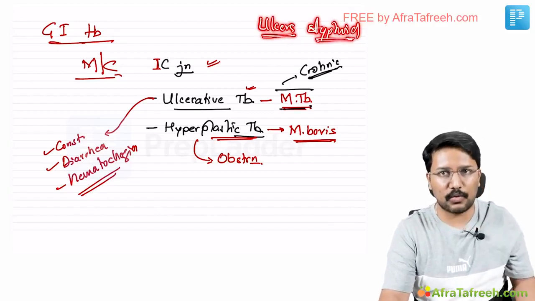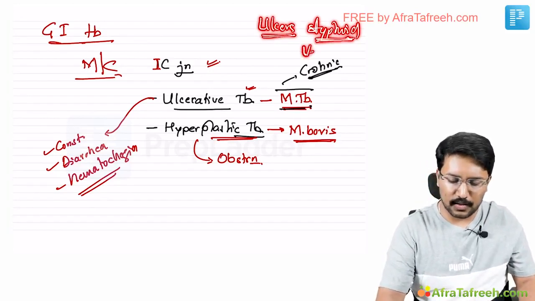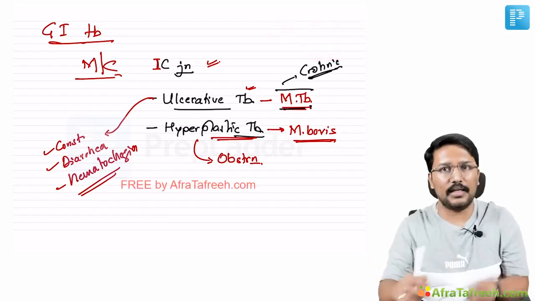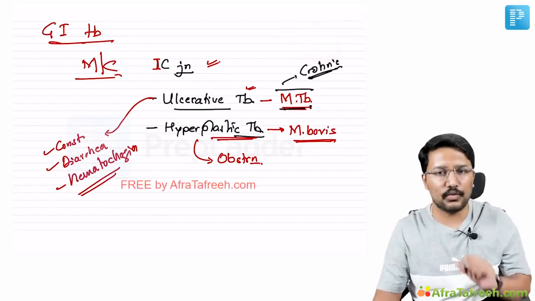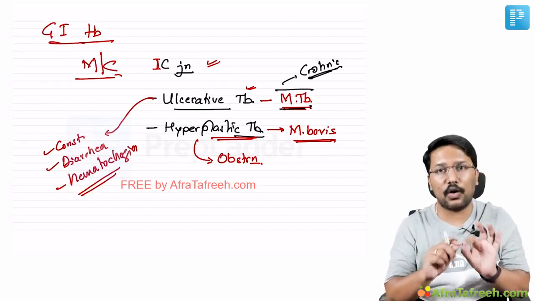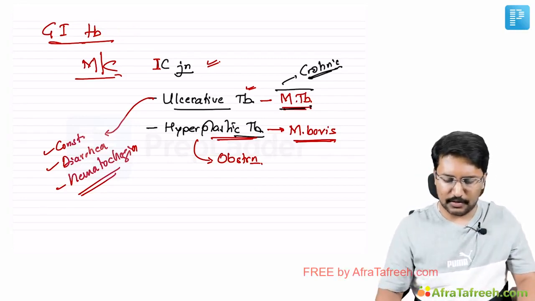The same location, the terminal ileum, is most commonly affected. So the typhoid ulcers are usually vertical, with a longer axis vertically aligned with the intestine, in comparison to tuberculosis ulcers, where the long axis is horizontally aligned, right?